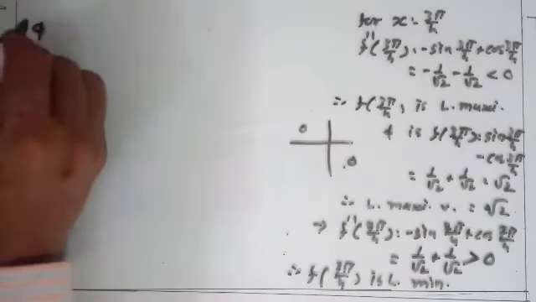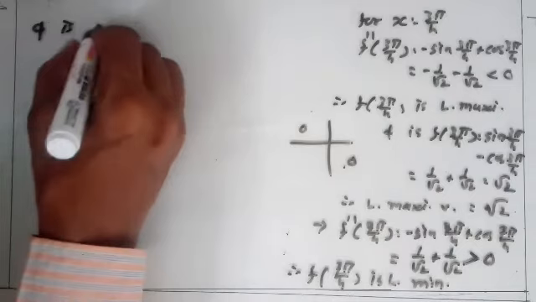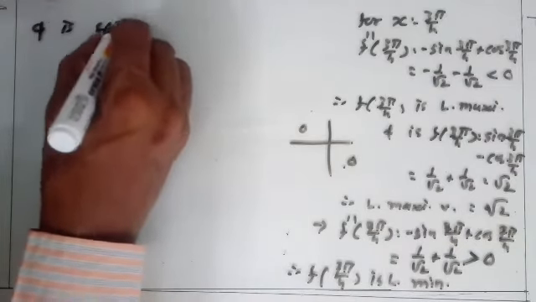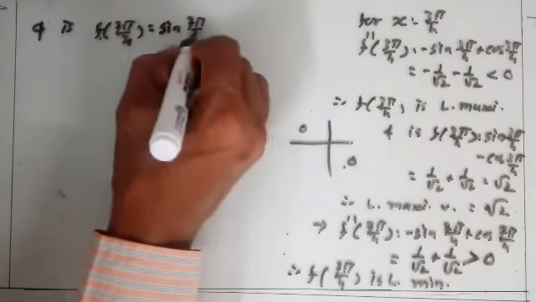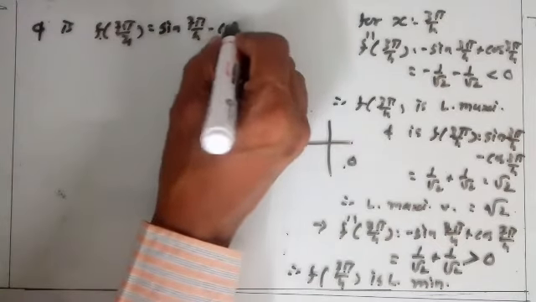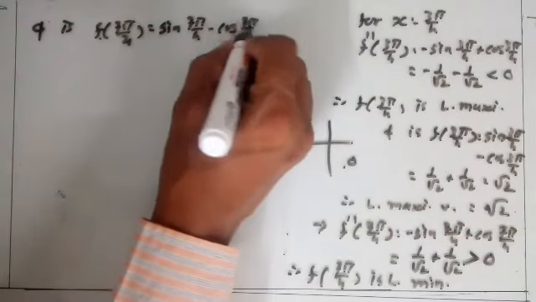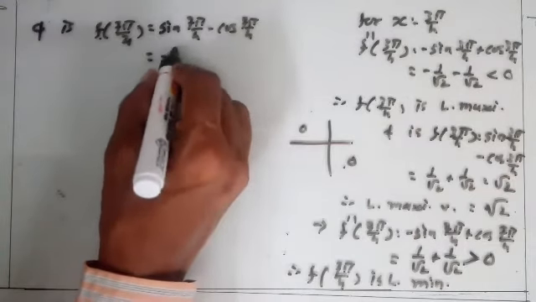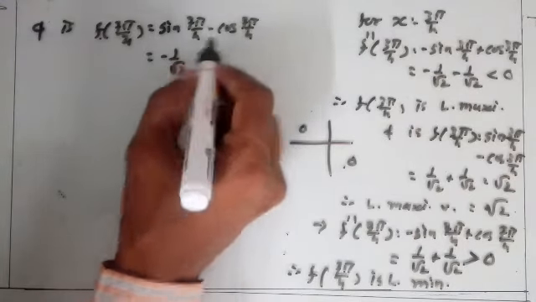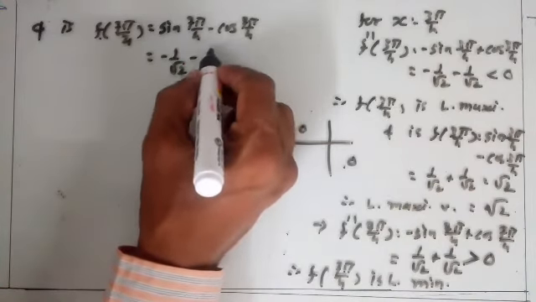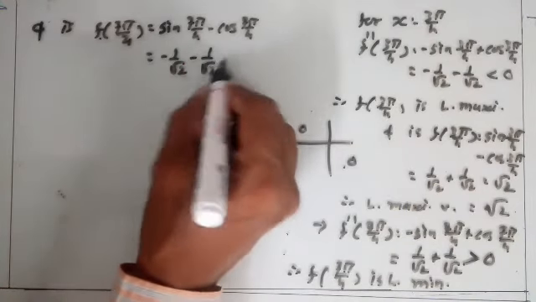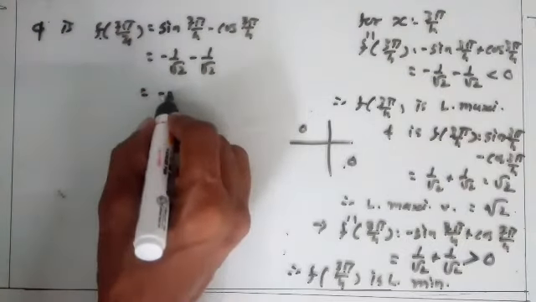And f(7π/4) is equal to sin 7π/4 minus cos 7π/4. Sin in the fourth quadrant is negative, so minus 1/√2, cos is positive in the fourth quadrant, so 1/√2 with the minus sign, so it is equal to minus √2.